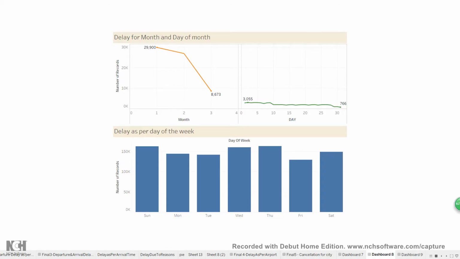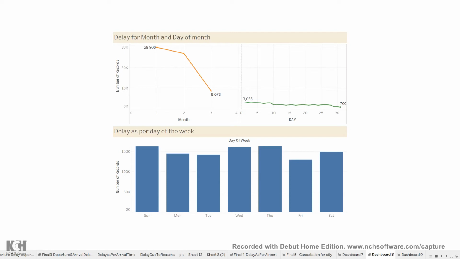Now we can see this dashboard is about delay by month, days of the month, and per day of the week. We can see these two line charts above that share on the Y or vertical axis the number of departure or cancellation records.